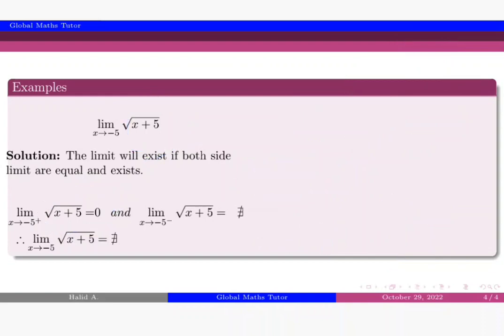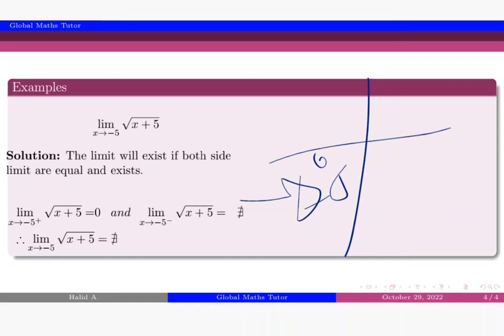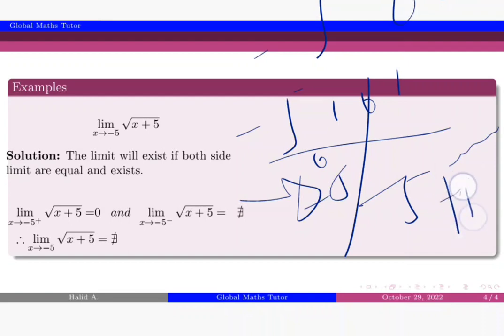From the negative side, it means from this side. So, for example, minus 5.01, minus 5.001, minus 5.0001, and so on. When we make it nearer and nearer from the negative side of minus 5, then when we add 5, it will be minus 0.01, minus 0.001, minus 0.0001, and so on.